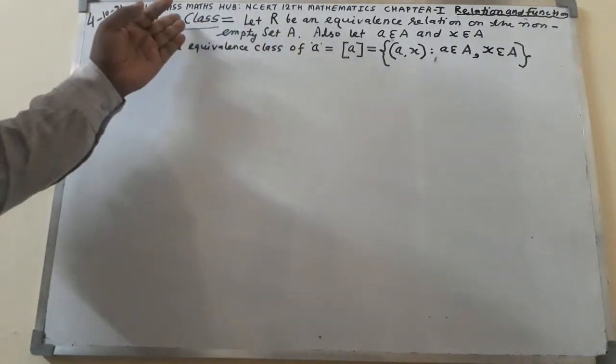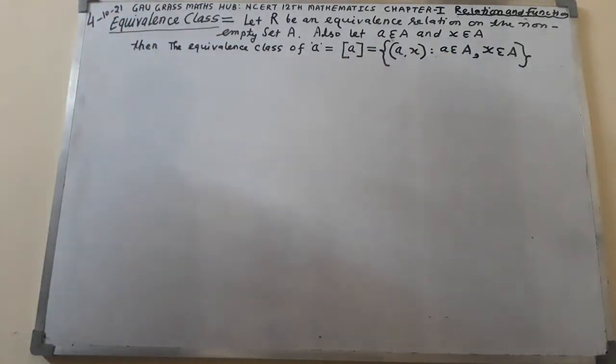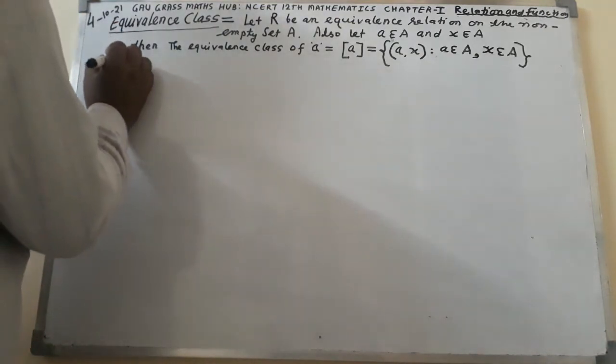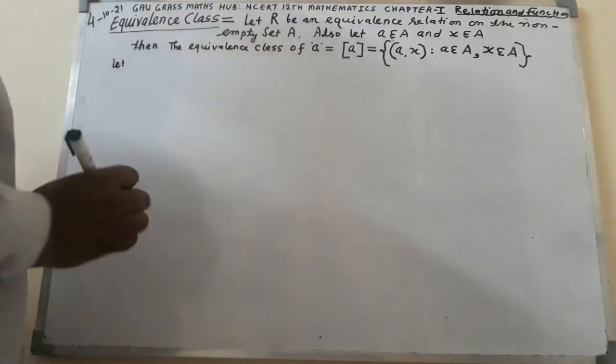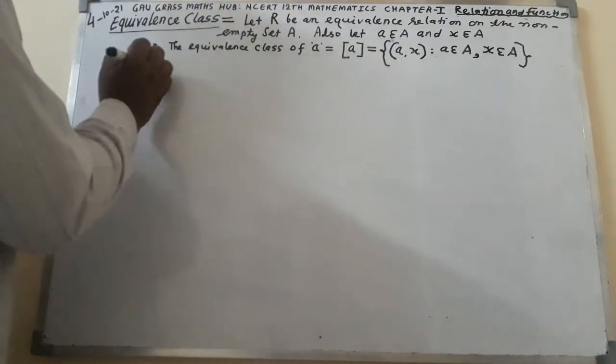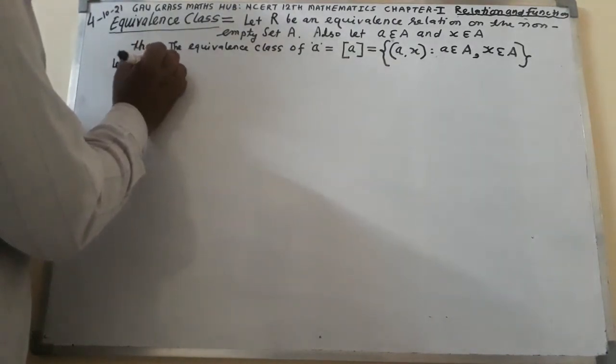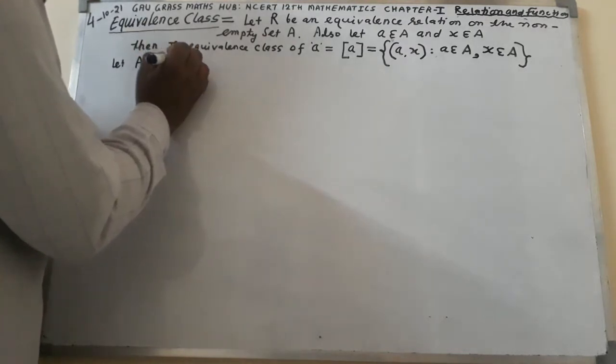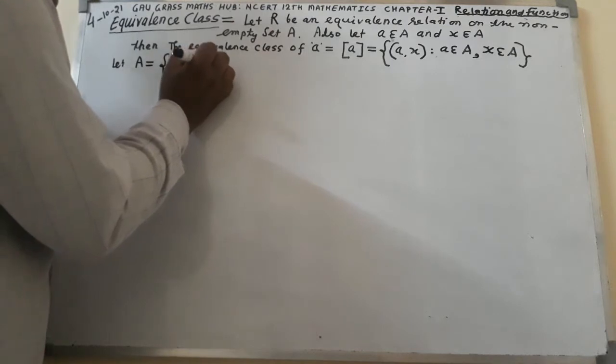of the equivalence class. Let us try to understand with the help of examples. Here I shall write: let the non-empty set A equal to opening of curly bracket, elements are 1, 2, 3.